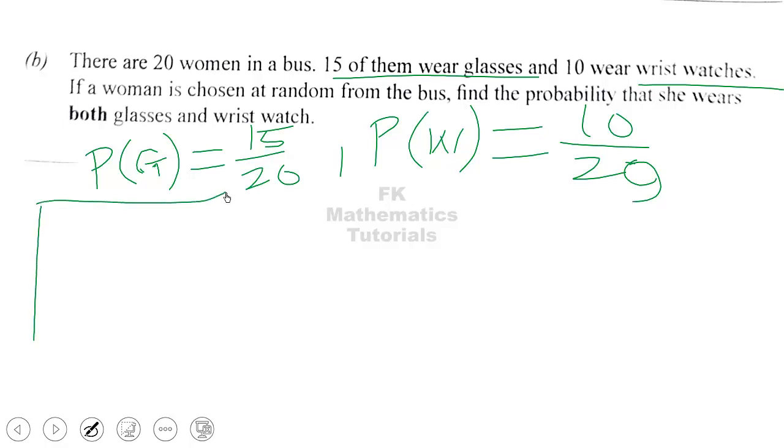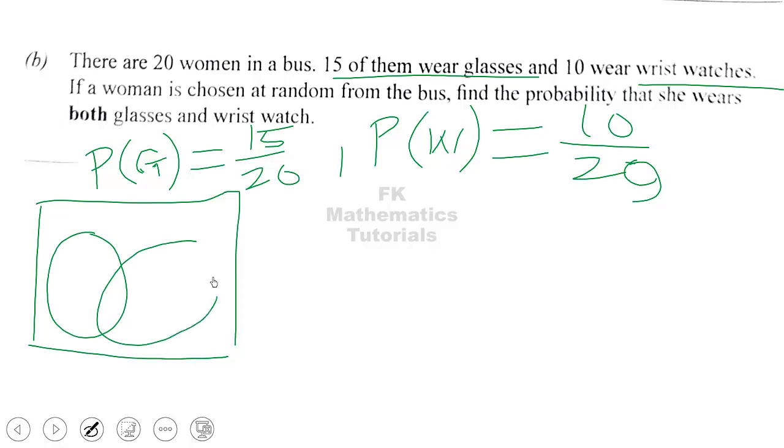If I draw a Venn diagram like this, then those who are wearing glasses are 15. Then those who are wearing wristwatches are 10.